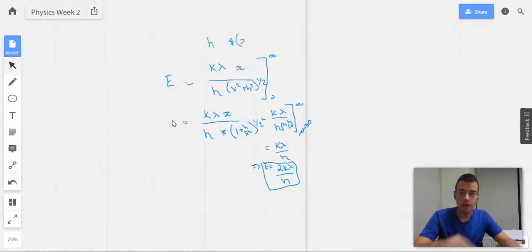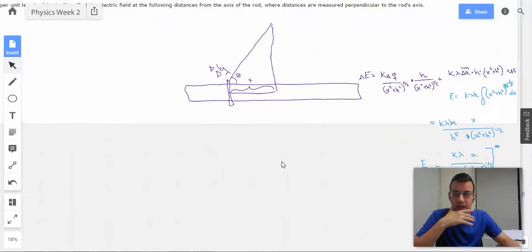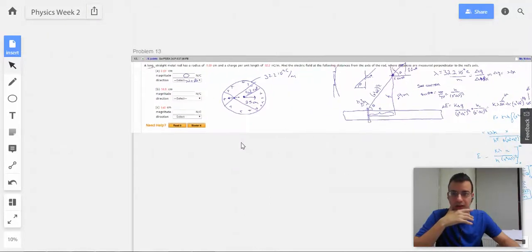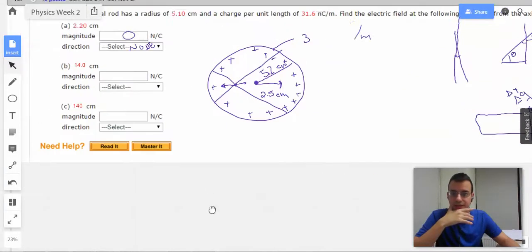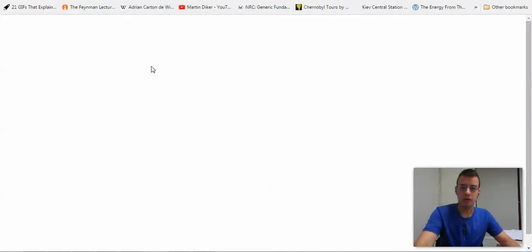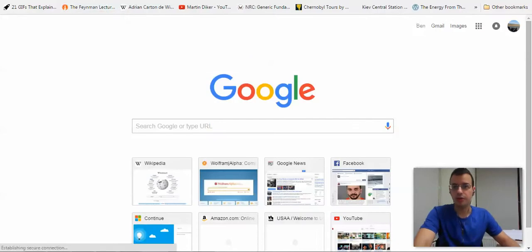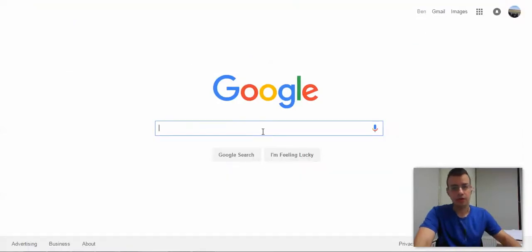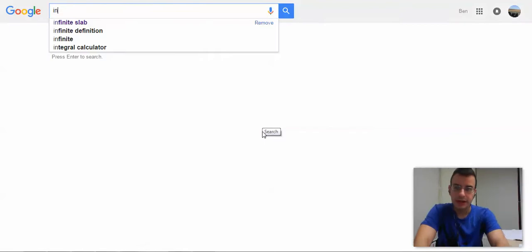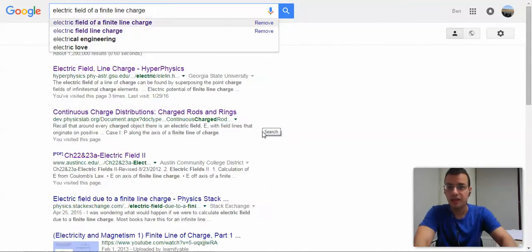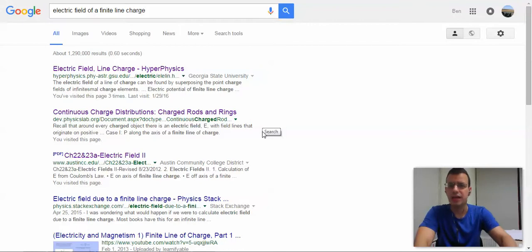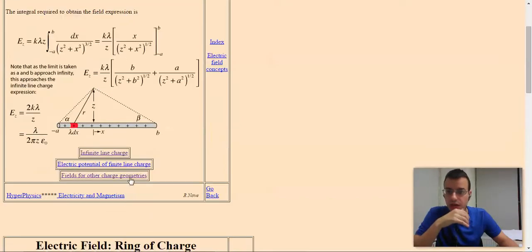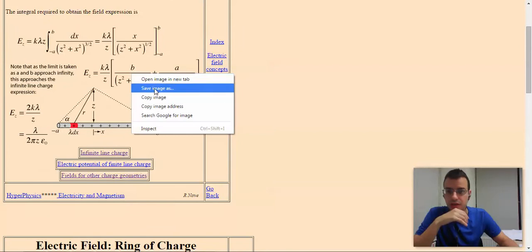So we'll actually put in some numbers for this guy. But before we do, I'm going to check HyperPhysics. So Google, electric field of a finite line charge. All right, so this is the equation that I want.